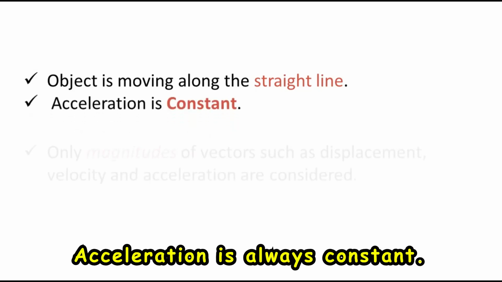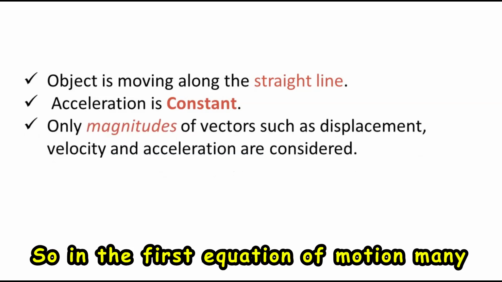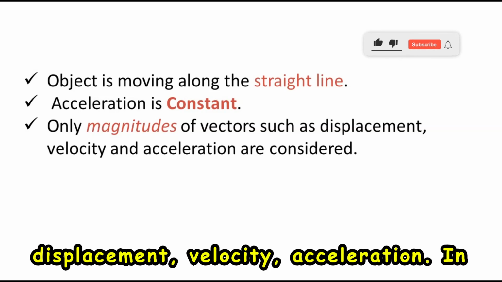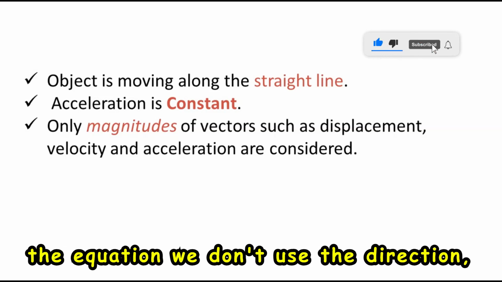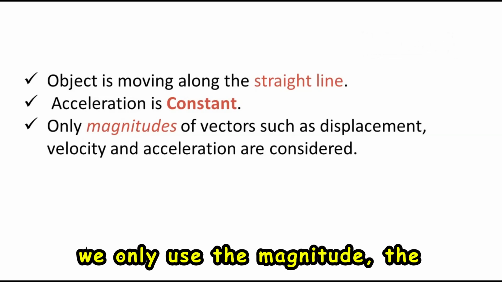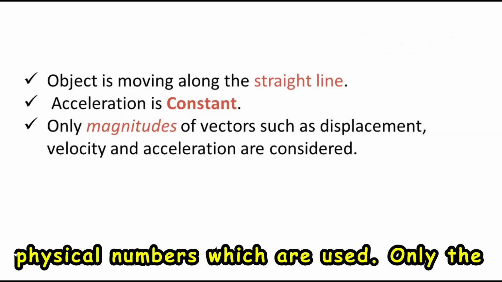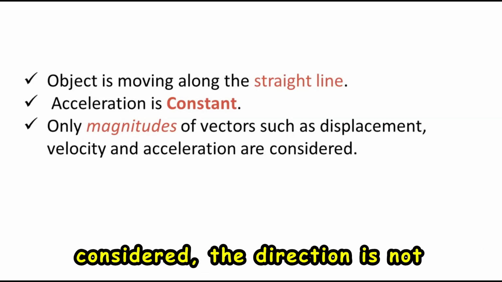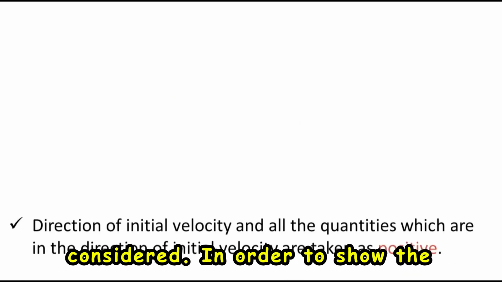Acceleration is always constant. In the first equation of motion, many vector quantities are discussed, such as displacement, velocity, acceleration. In the equation, we don't use the direction. We only use the magnitude, the physical numbers. Only the numerical value of the vector quantity is considered. The direction is not considered.